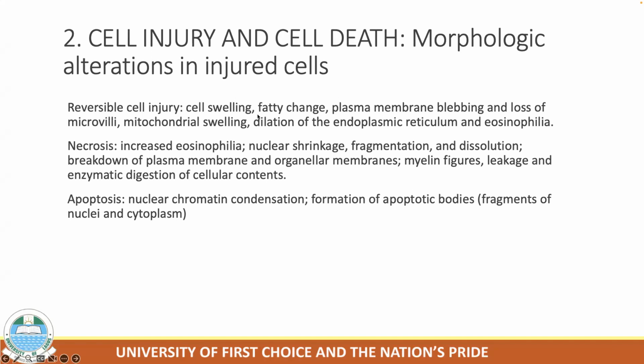But when the cell happens to have the same changes that happen in necrosis, for example, when there's marked eosinophilia, and marked clumping of those tiny particles, the rough endoplasmic reticulum is covered by some tiny grainy particles, if you recall from your biology, and of course, some of the revisions you had in 100 level.